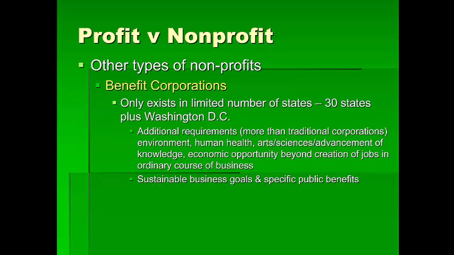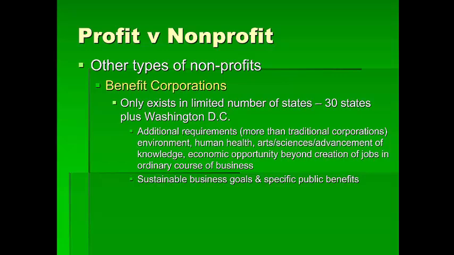Benefit corporation is another legal structure like the L3C. It's limited. It's only available in like 30 states, plus Washington, D.C. And again, Ohio isn't one of these 30 states that allows for benefit corporations under Ohio state law. However, reciprocity allows a benefit corporation to be recognized to the best that Ohio can honor the laws of the other state.